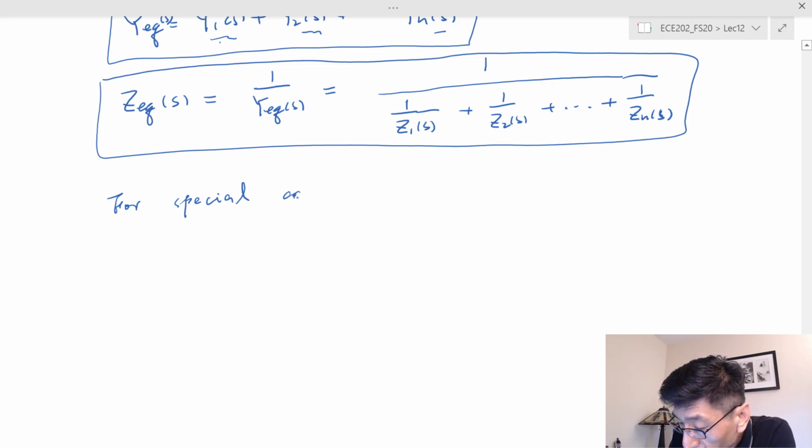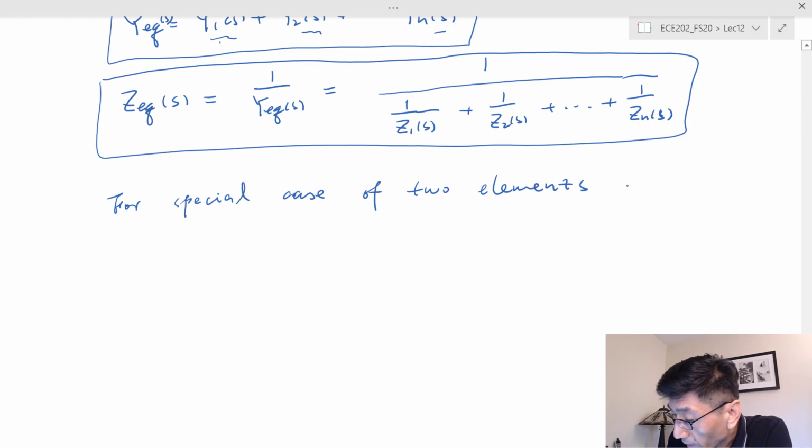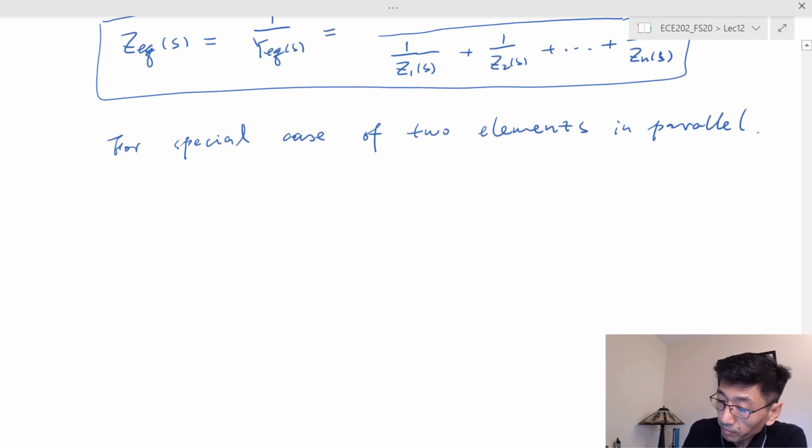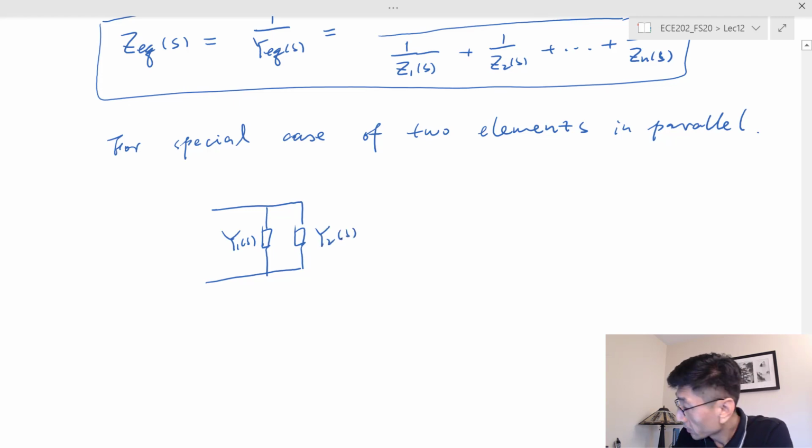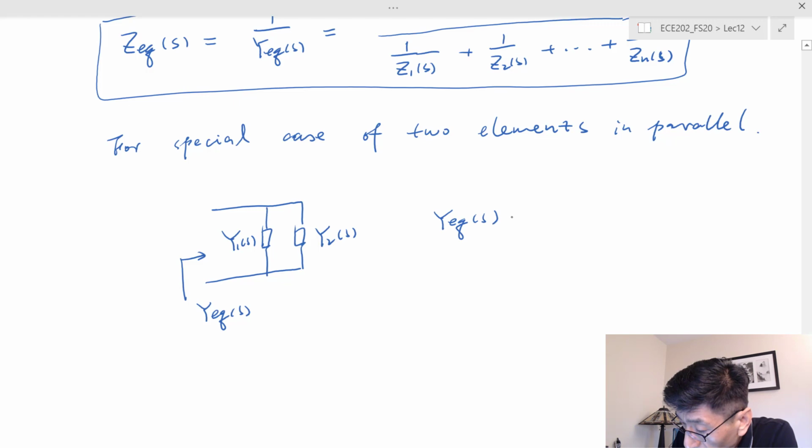For the special case of two elements in parallel, we have y sub 1s and y sub 2s, and y eq in this case is still equal to y sub 1s plus y sub 2s, right?